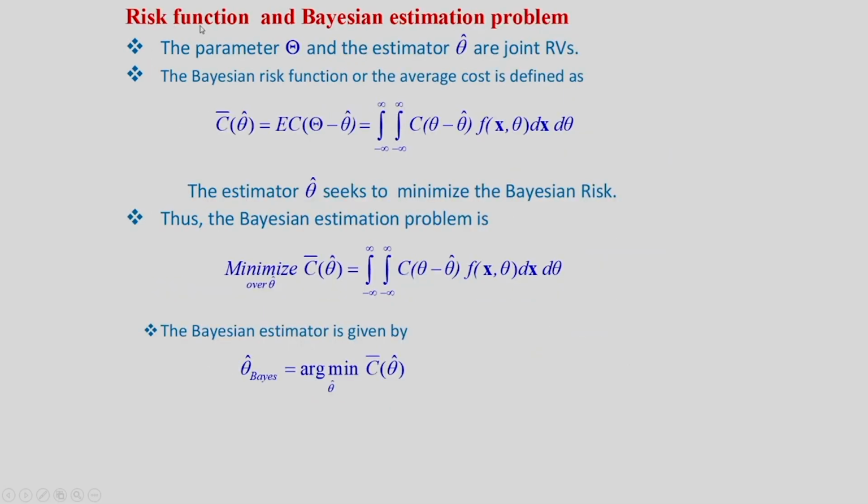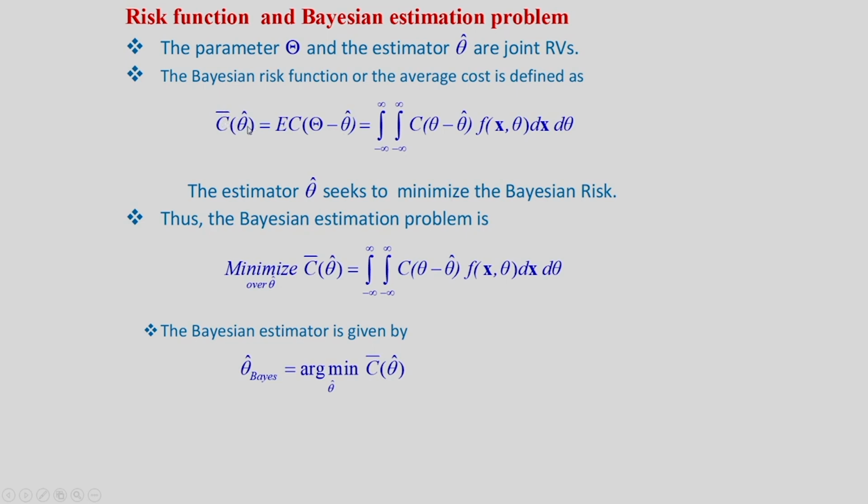Now, we will define the risk function and the Bayesian estimation problem. The parameter theta and the estimator theta hat are joint random variables. The Bayesian risk function, or the average cost function, is defined as follows. We have defined the cost function; the expected value of the cost function is the risk function, which we denote by C bar of theta hat.